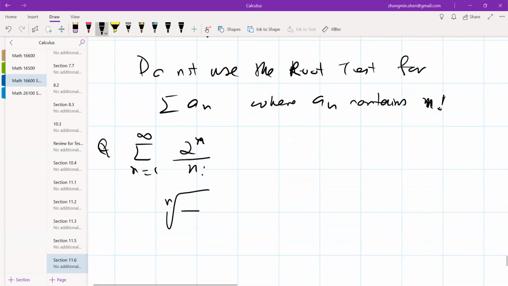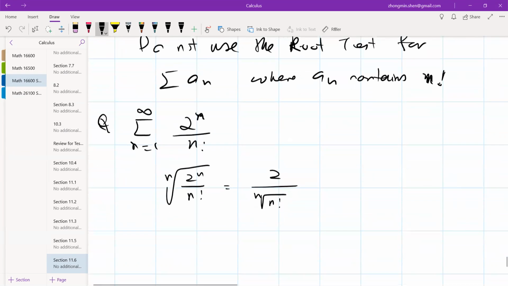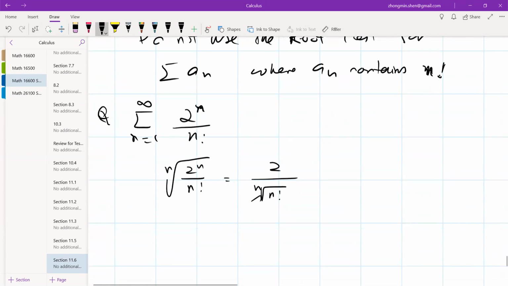Then the problem is, yes, the numerator looks fine, but what is the denominator, right? I think the nth root of n factorial is going to be infinity, but that's not given in the book. It's harder to prove that.